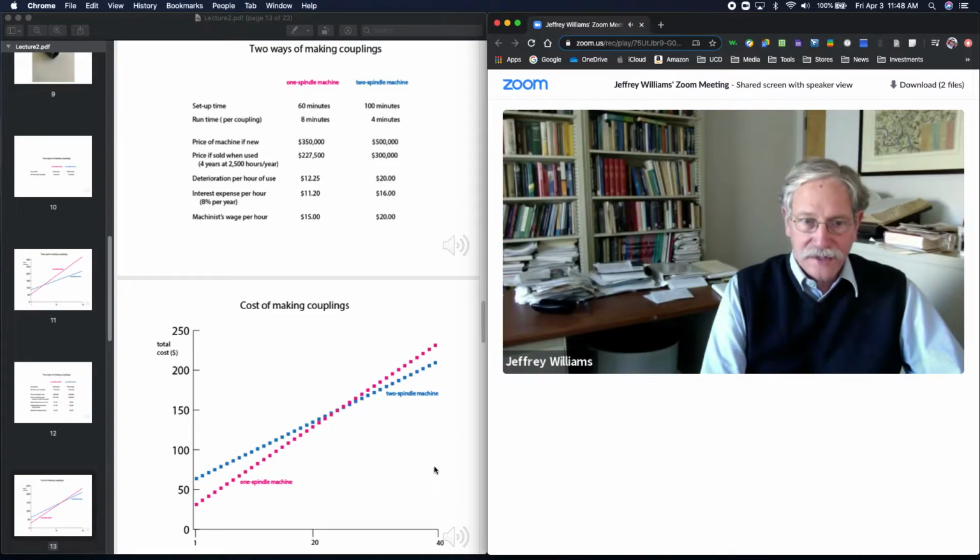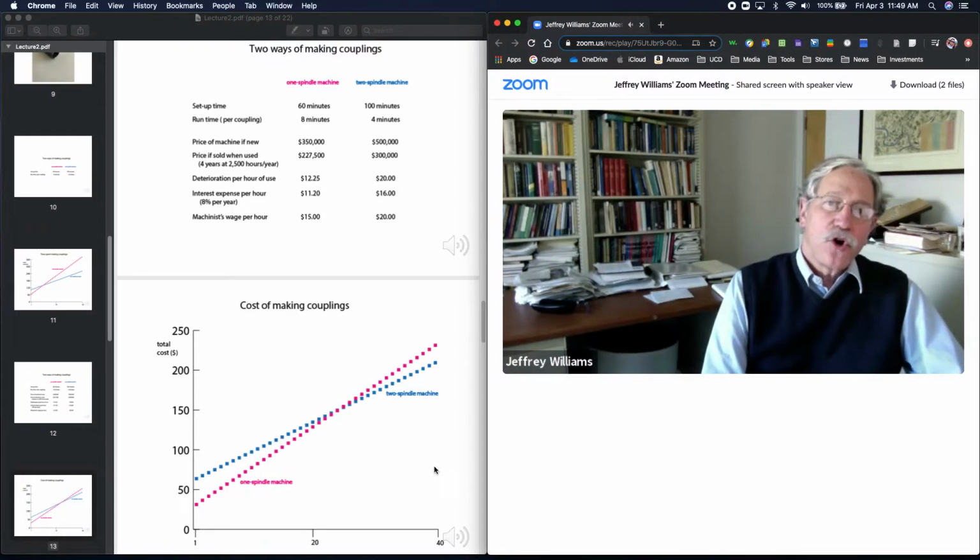It's these cost factors. So the one spindle machine, when we put it into costs, has a lower setup cost in proportion to the cost of the two spindle machine, because that two spindle machine had to be set up by a more expensive labor, and it was more expensive to begin with. But we get the various patterns that we see here.